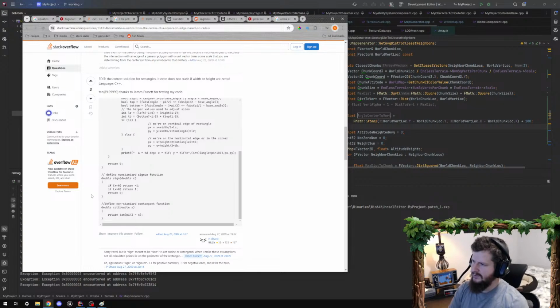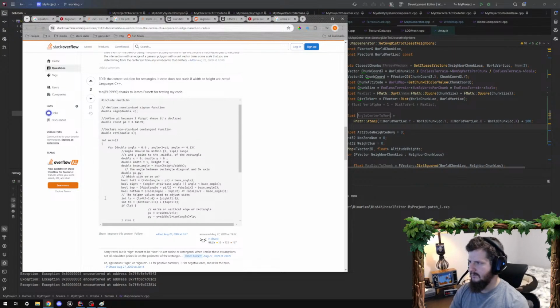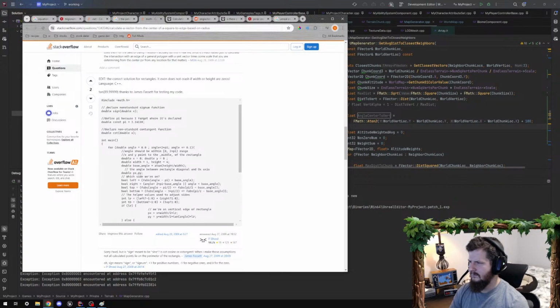Okay, this is some C++. Hell yeah. Defined by, because I forgot where it's declared. That's funny.